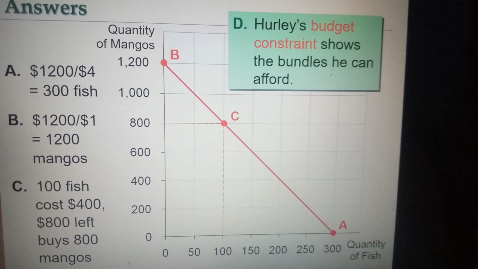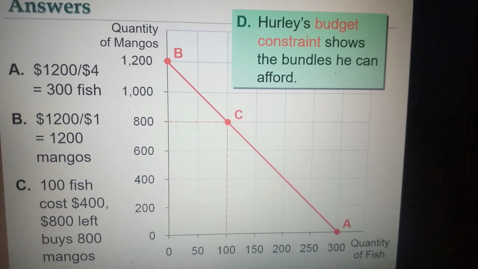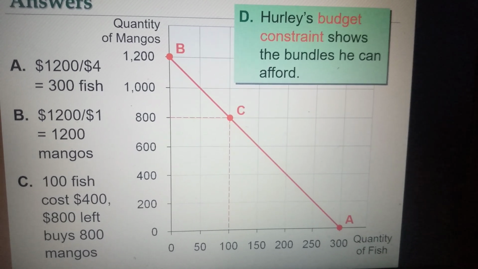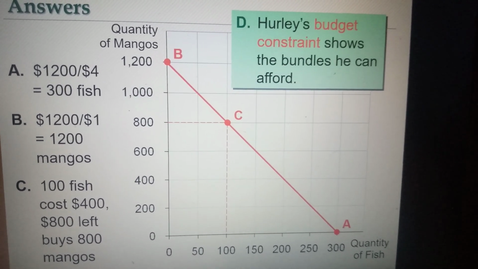So when you plot the budget constraint, it shows the bundles he can afford. This shows how many mangoes or fish he can afford within the budget constraint.